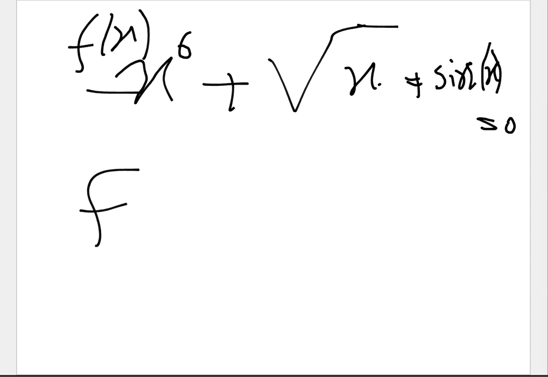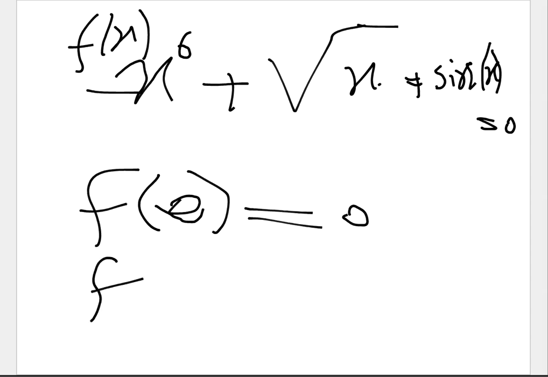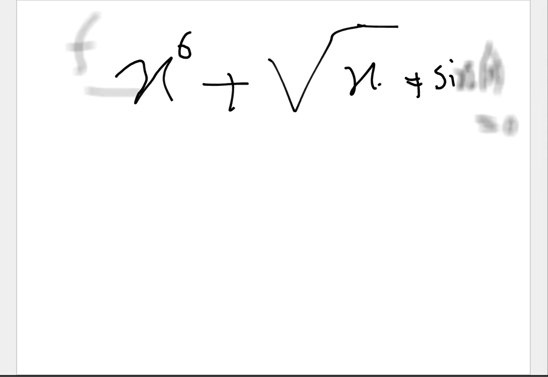If x is 0, you know f(0) is 0. So 0 is one of the solutions, but we don't know. If you put 1, it, for example, produces something. It may confuse you.